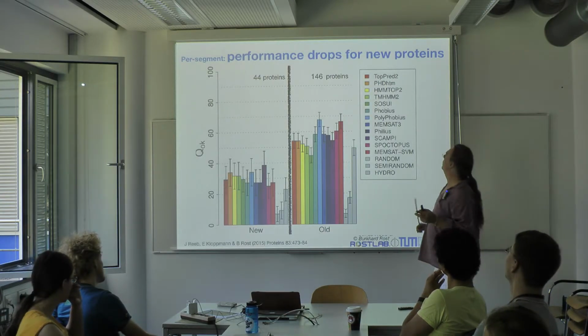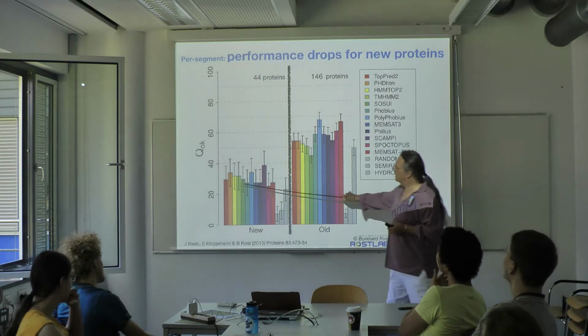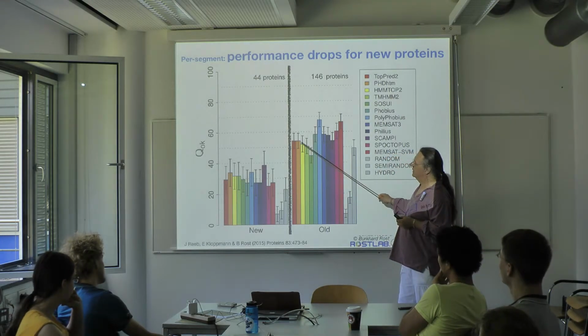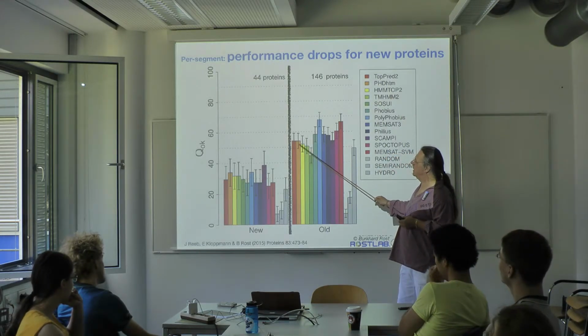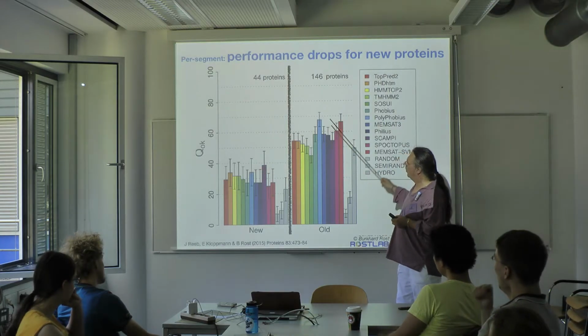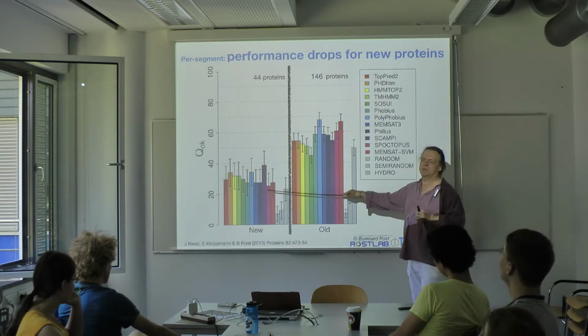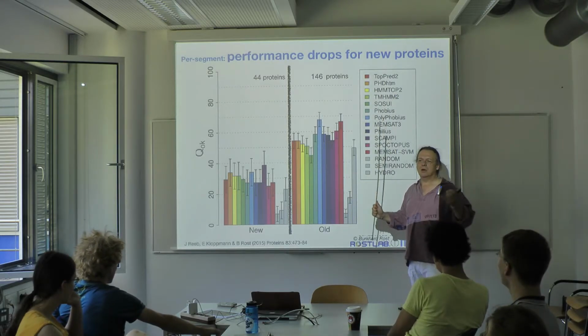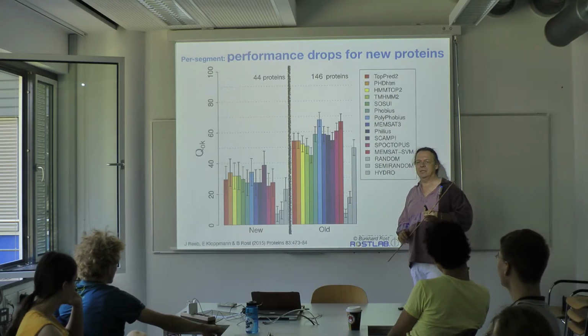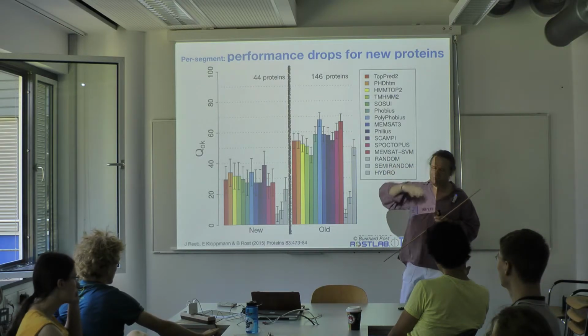So I told you these two here, red and orange, have not changed. They have also changed by almost, so a little bit less than some of the methods here, but they also dropped, and they have been using only one protein, so they cannot have been optimized. So let me go a step back, Michael.